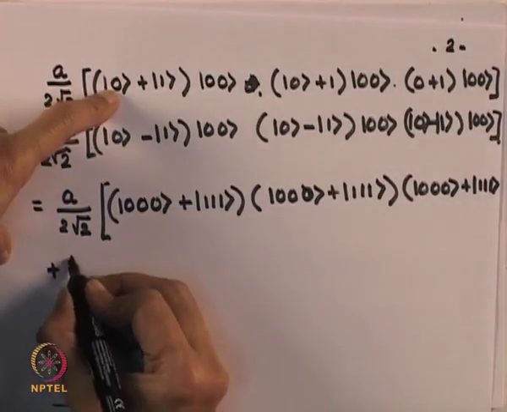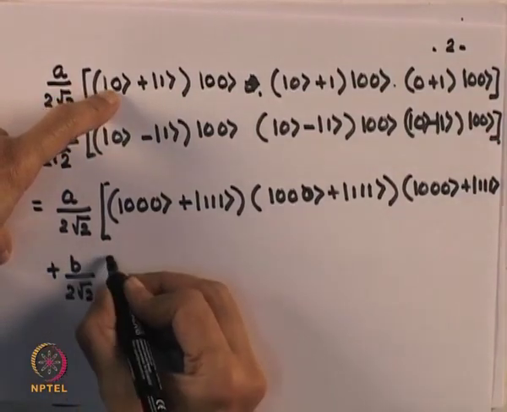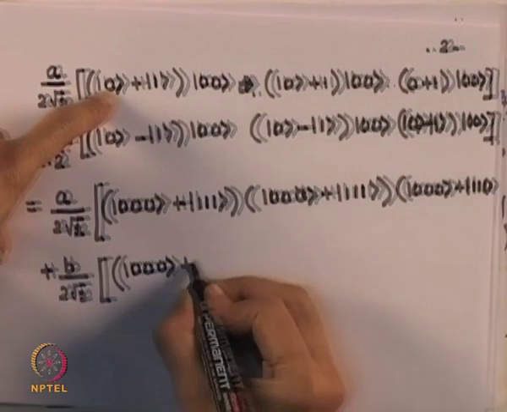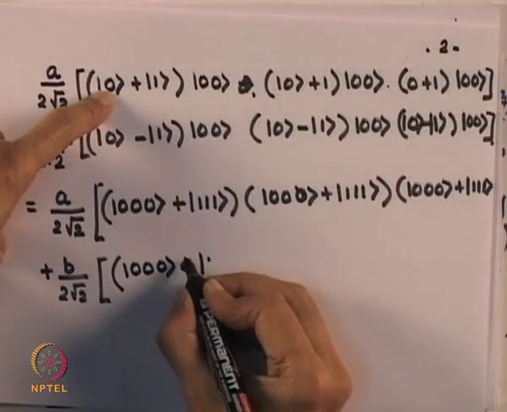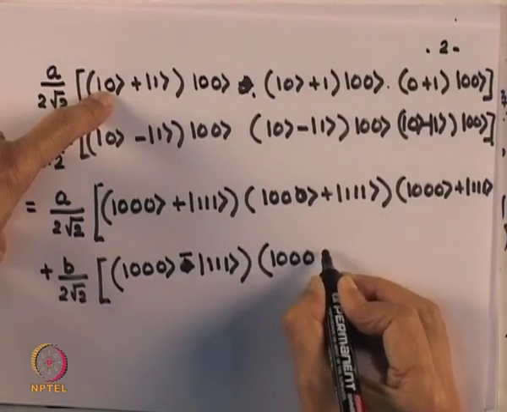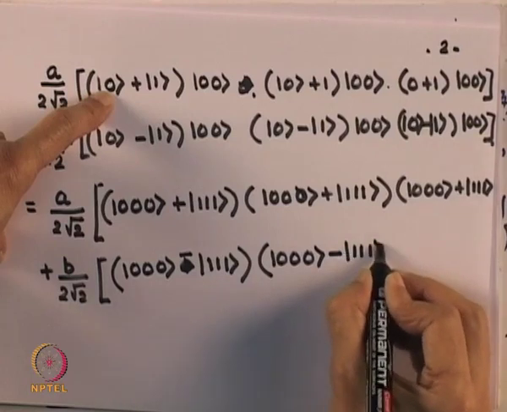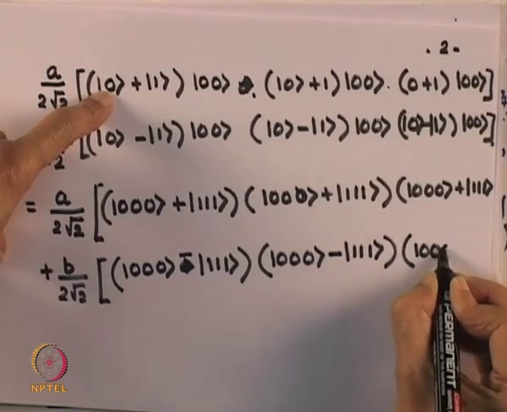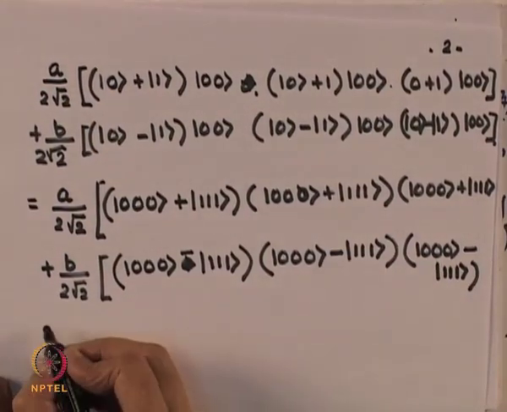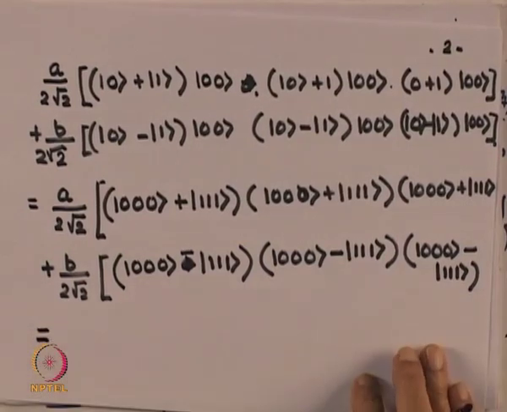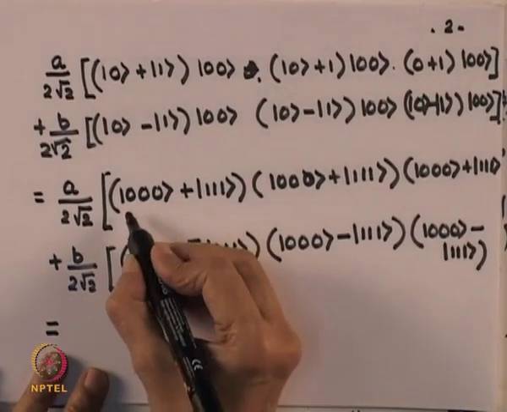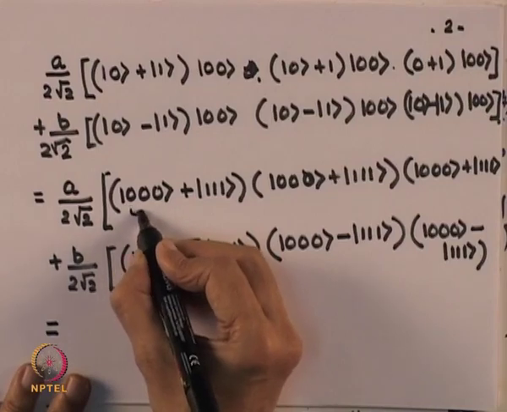And then plus b by 2 square root of 2. I get a very similar structure, excepting that the plus sign between each block of qubits becomes minus 1. Now, instead of writing these 9 things together, what I will do is call this thing here as plus plus plus.